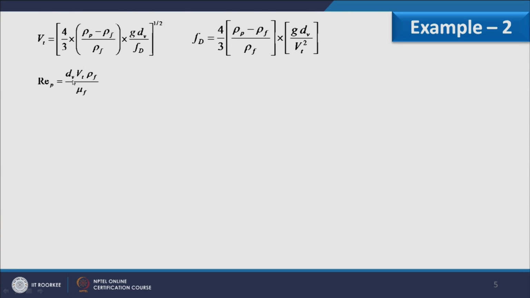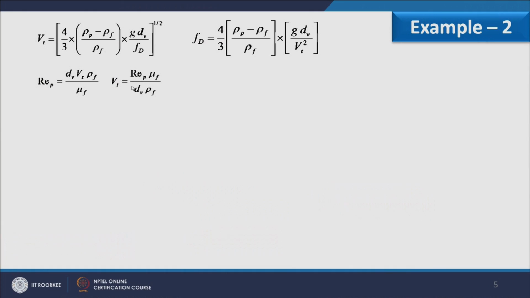Here again we have considered dV, that is the volumetric diameter, instead of dP. From this expression we can write the expression of Vt as Reynolds number mu f by dV into rho f.